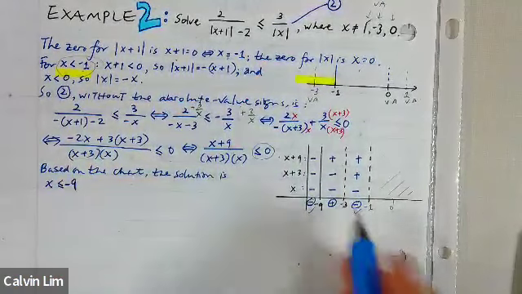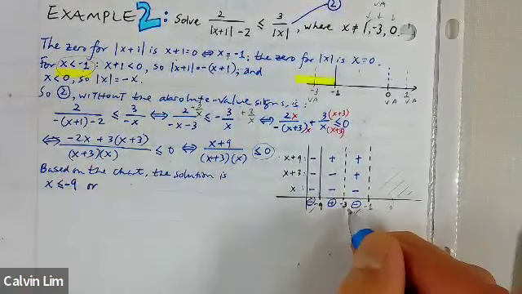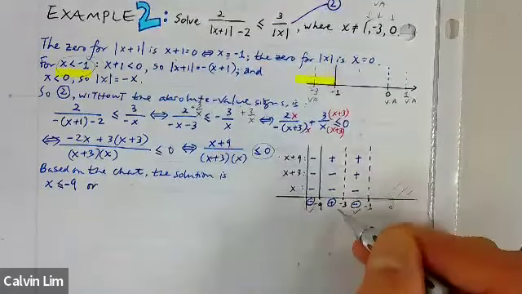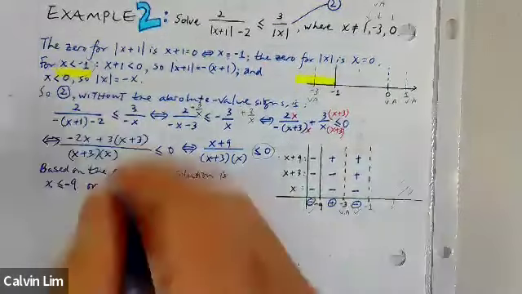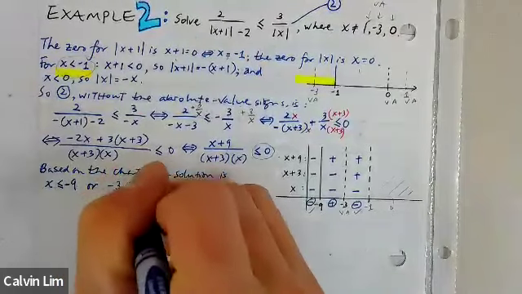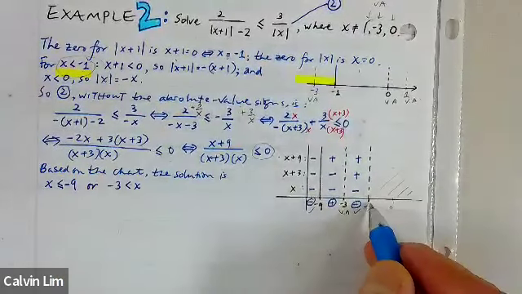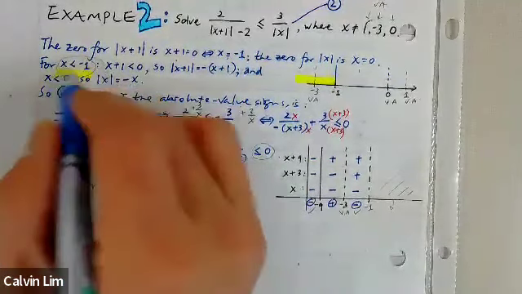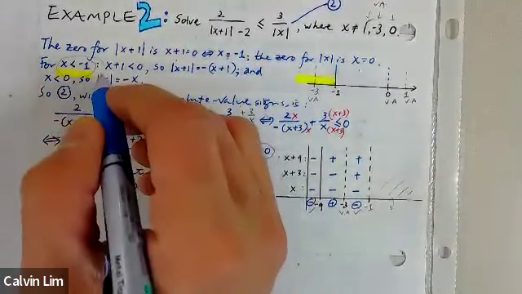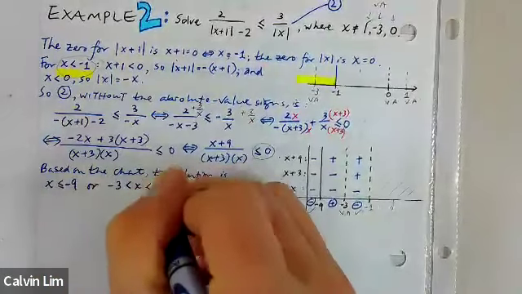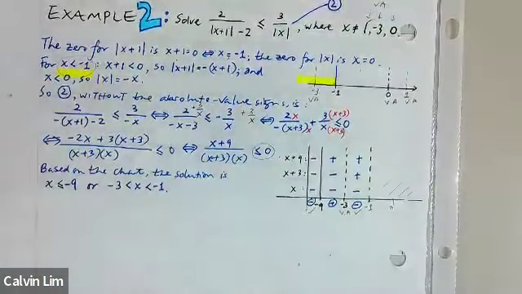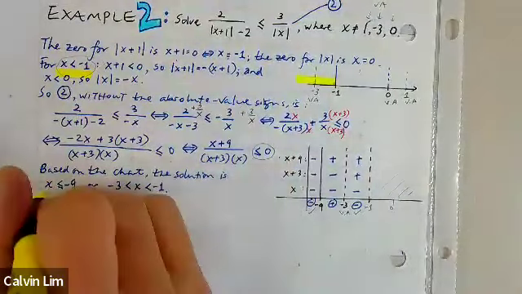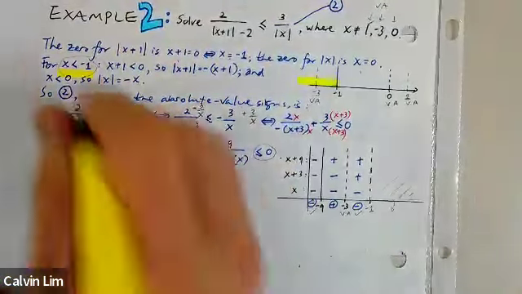Or do we include -3? No, -3 is a VA, so -3 less than x. Do we include -1? No, because -1 is not part of the region that we are interested in; we are exploring -1. So the solution in this region is these two.